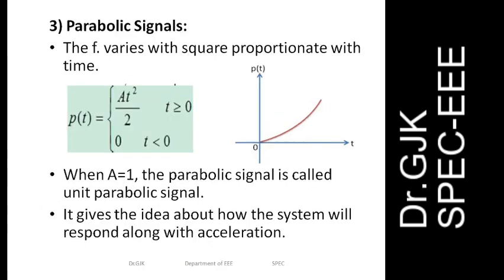Then coming to the parabolic signal, it varies in square proportion with time, and this function can be represented as p of t is equal to a t squared by 2 for t greater than or equal to 0, and at t less than 0, its value is 0. When a is equal to 1, this signal is called the unit parabolic signal.